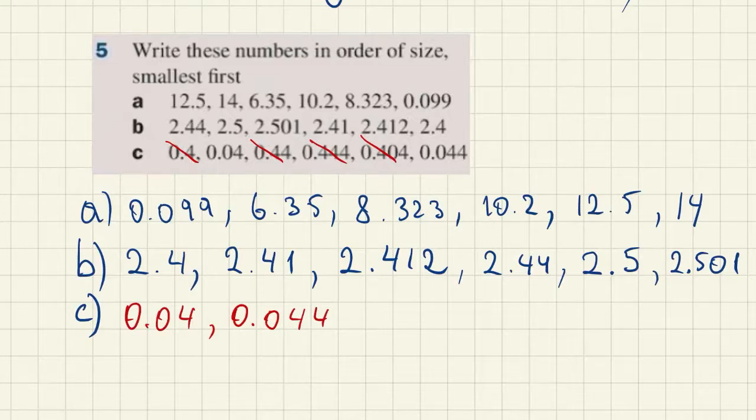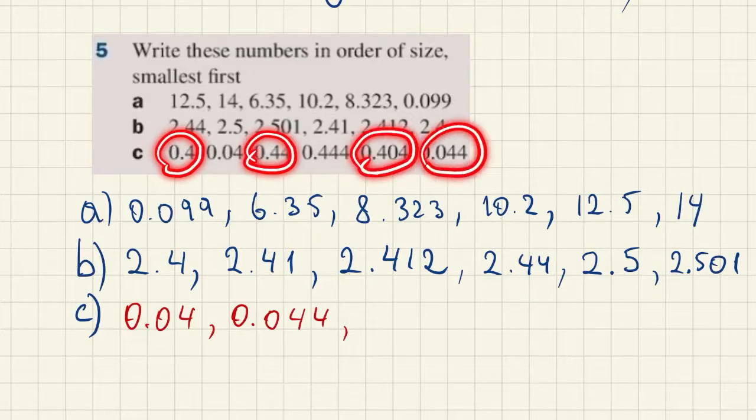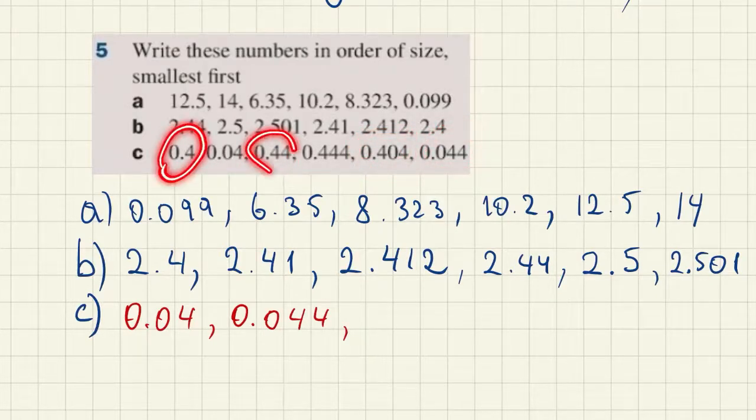Okay, now we can look at the bigger ones. The first one is, of course, the one which has the least digits in it, because again, they all have 4 in them. All these numbers, 0.4, 0.44, they all have 4 tenths in them. So first we have to choose the one which has the least amount of digits in it, which is 0.4.